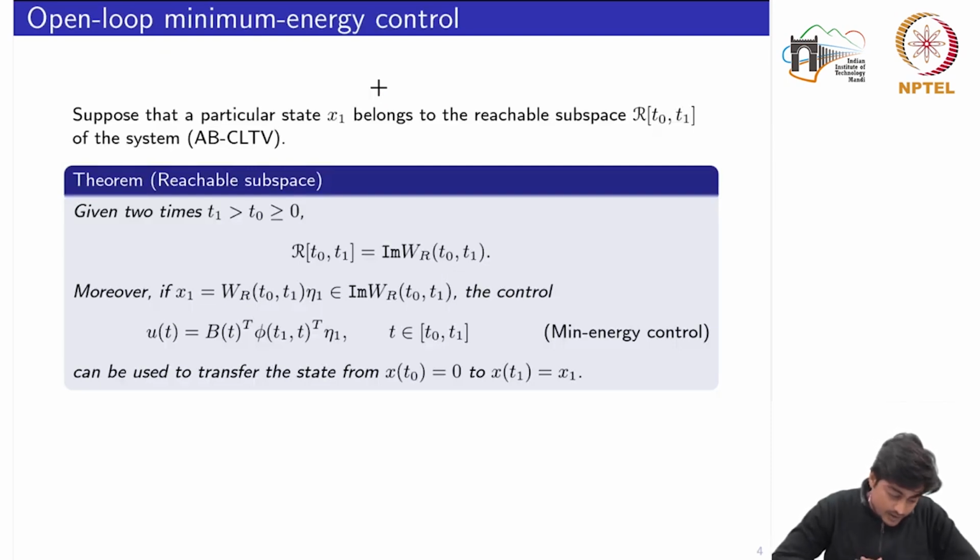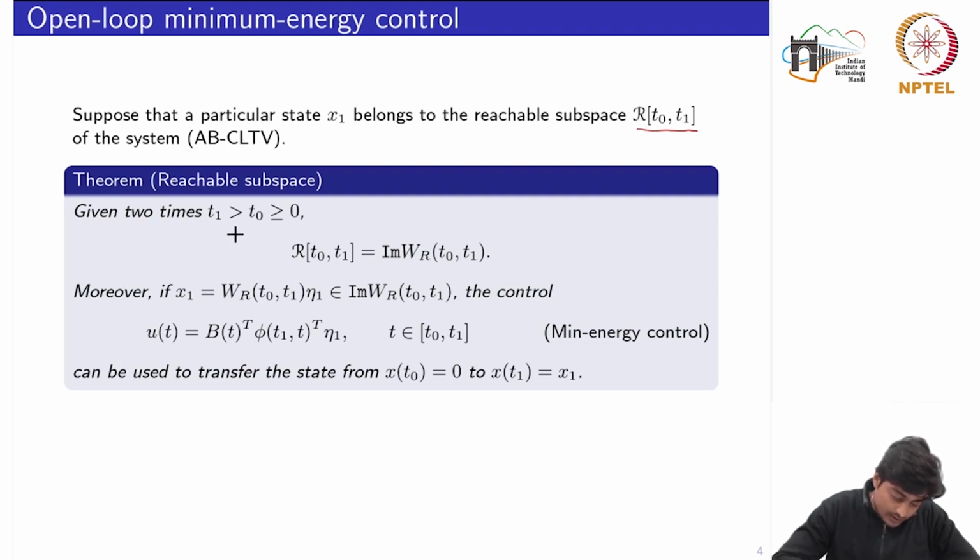Let's say suppose that a particular state x1 belongs to the reachable subspace of the system (A, B), a continuous time linear time varying system. We want to steer the trajectory from the origin to x1, and suppose this x1 belongs to this reachable subspace.